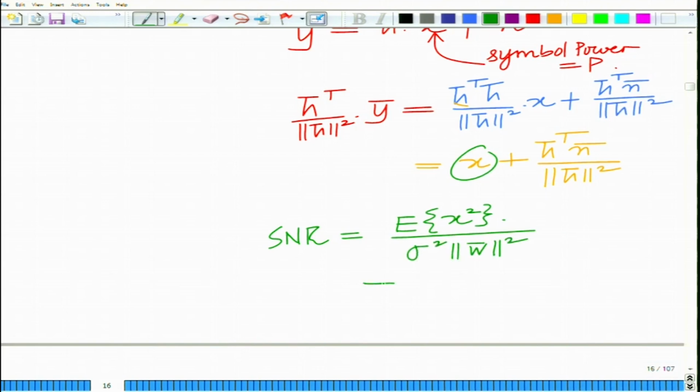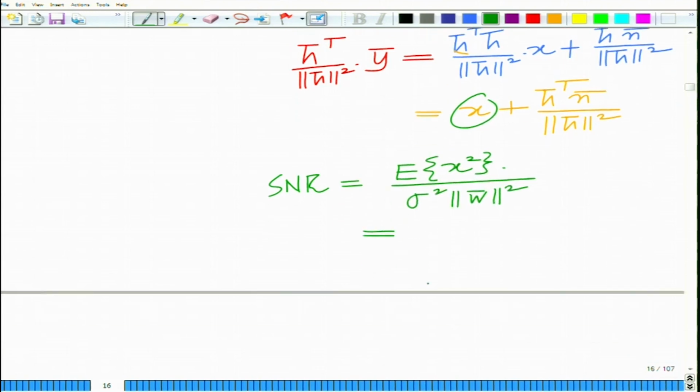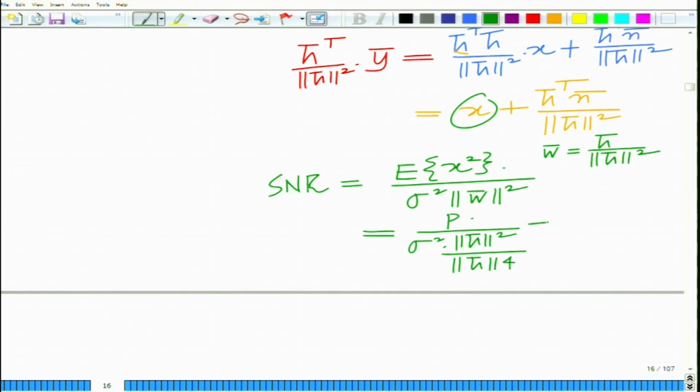We have already derived that for any combiner. So, expected x square is P divided by sigma square norm W bar square, remember W bar equals H bar by norm H bar square. Norm W bar square is norm H bar square divided by norm H bar power 4, equals P divided by sigma square into norm H bar square.